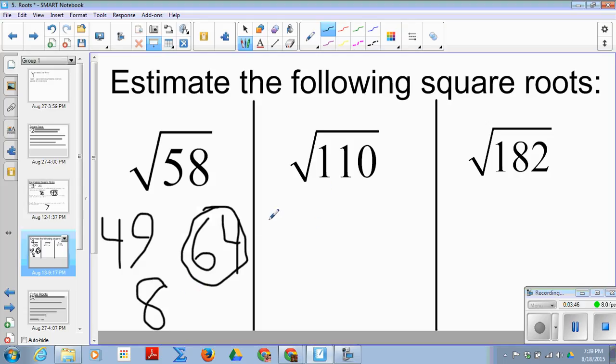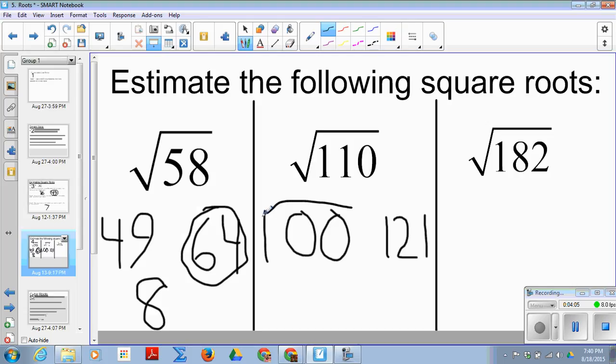Radical 110. So 110 falls between 100 and 121. And just from counting, we can tell that 110 is closer to 100, which means the square root we're going to estimate is 10.